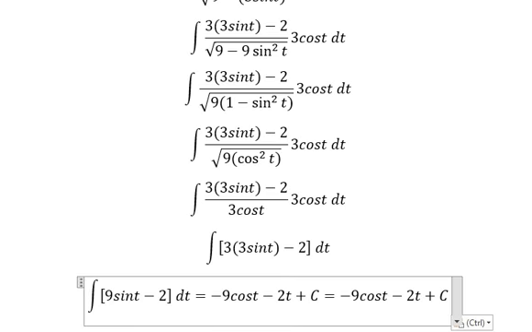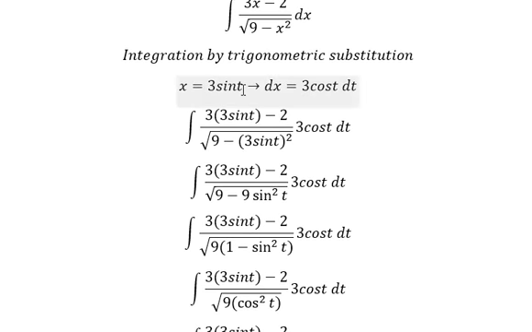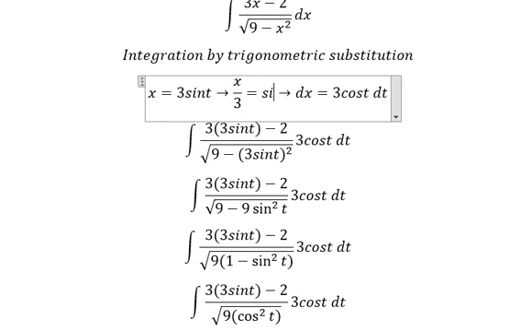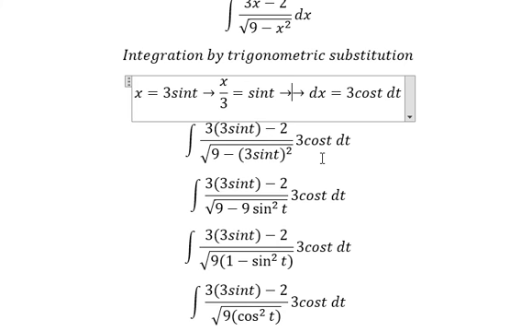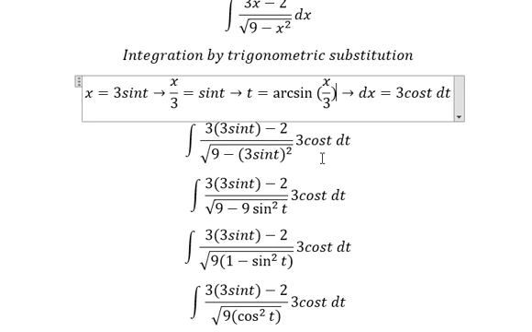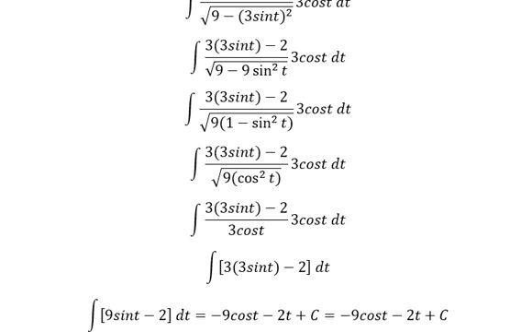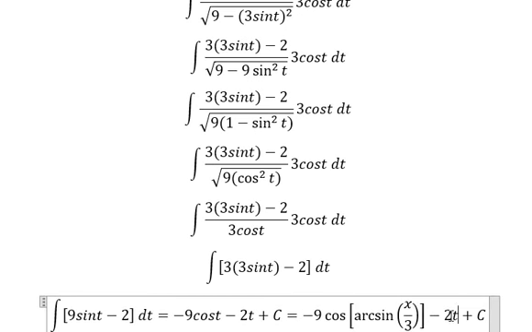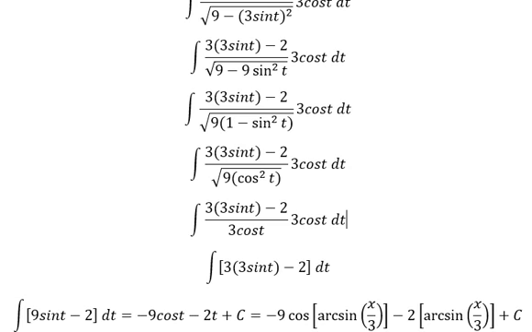About t, we need to return back to this one, so we divide both sides by number 3, and you get sine t, and later that you get t equal to arcsine of s over 3. So we need to replace t into this one. And this is the final answer.